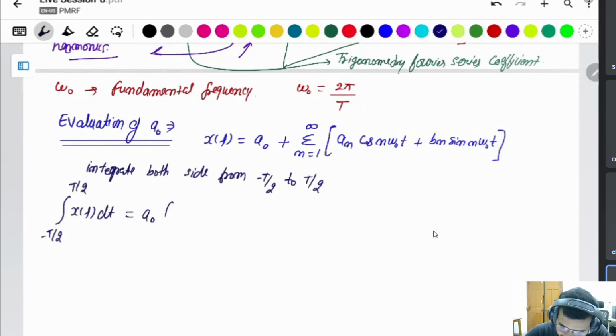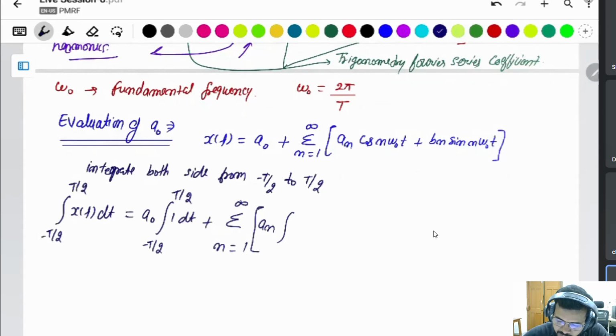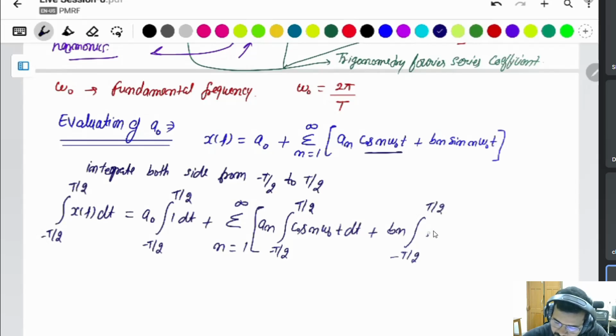This will be a naught times the integration of 1 dt from minus T by 2 to T by 2, plus the summation from n equals 1 to infinity of a n times the integration of cos of n omega naught t dt, plus b n times the integration of sin of n omega naught t dt. Because a naught, a n and b n are constant values, only the sine and cosine terms are variable, so we integrate only those.